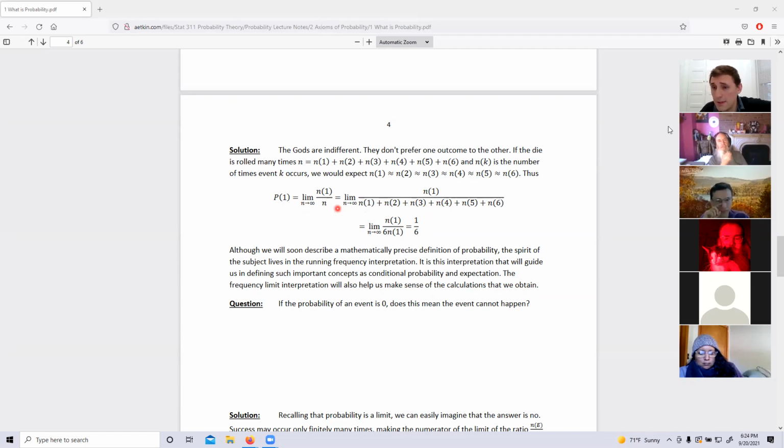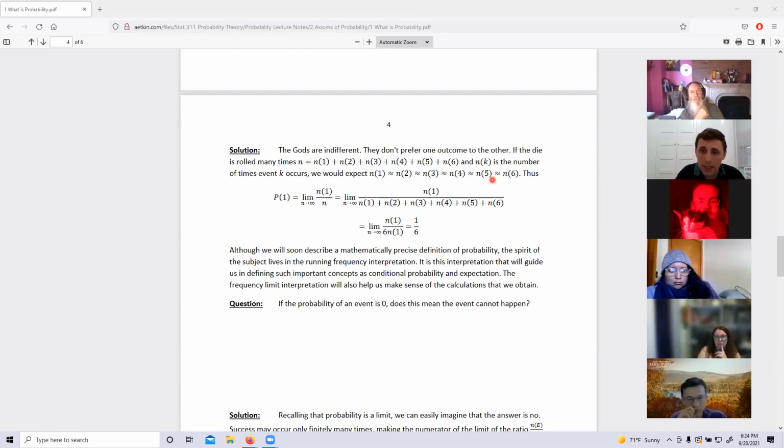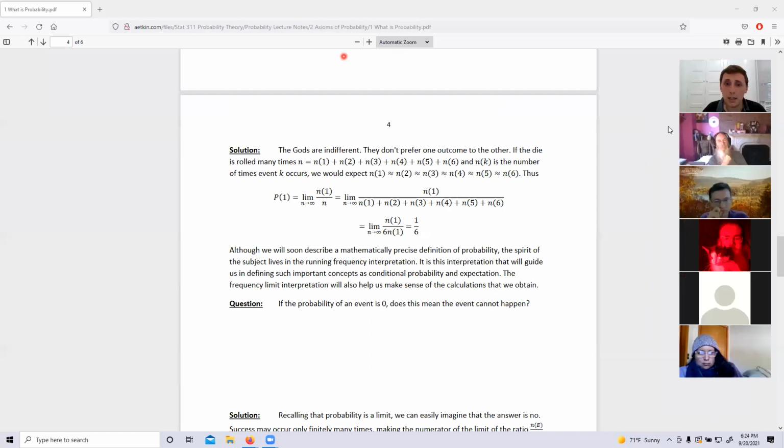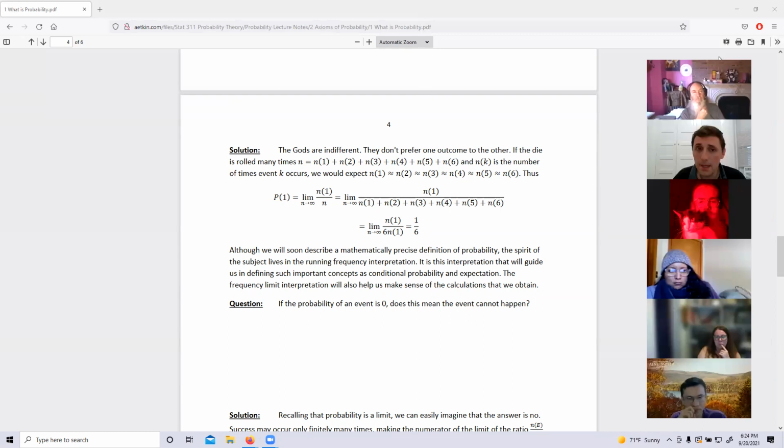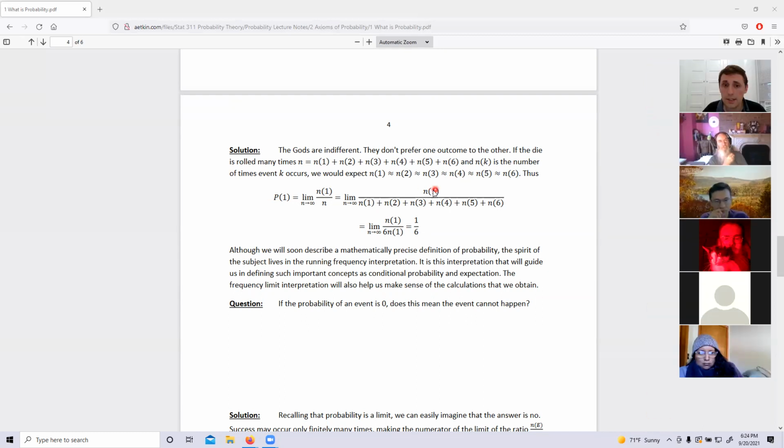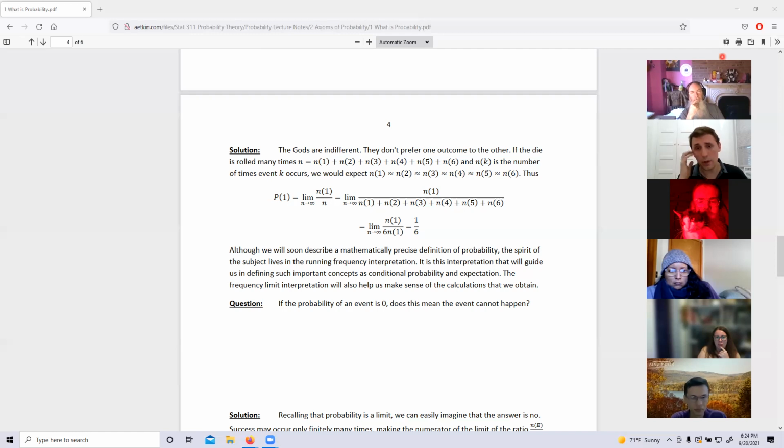If N is very large, if nature threw the dice many, many times, ad infinitum ideally, then you will see that those numbers will be matching. They will be essentially the same number. So that means that what I have is N1 divided by 6 N1, and I can cross away N1, and I get that the probability is 1 over 6. Do you see? 1 over 6 means everything is weighed the same. Everything is the same, no preference.